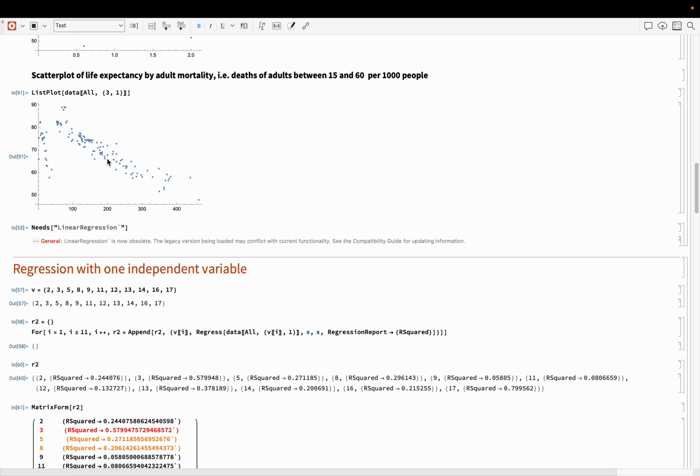So if we were to use this variable number 3, which is adult mortality, we should probably look for the interaction with the other variable.